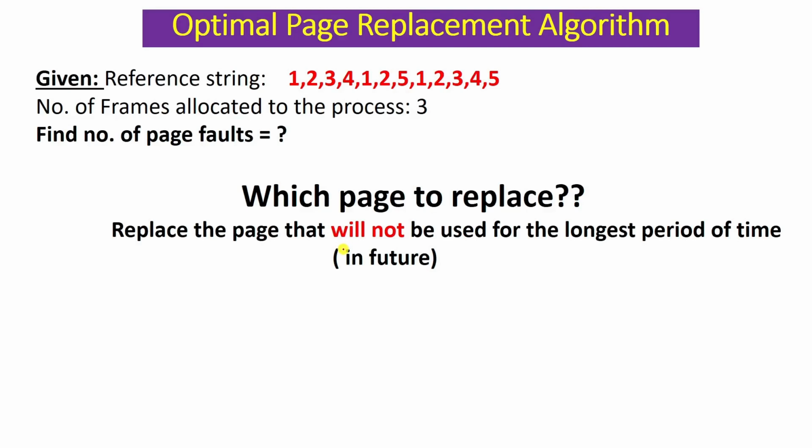Okay, so if I know that something will not be used for a long time, let's say 10 years or 20 years, then I will not make any arrangement for that thing, right? So the same thing applies to the optimal page replacement algorithm. Okay, it will see the future and accordingly decide which page to replace. The page that will not be used in the future for the longest period of time will be replaced.